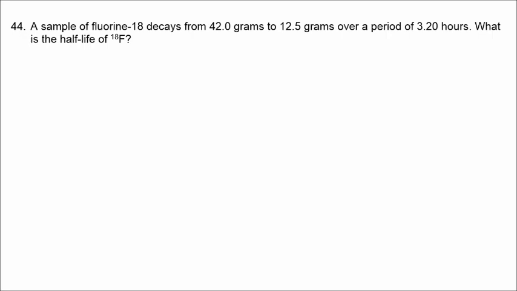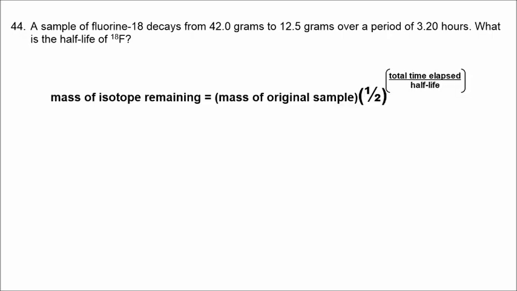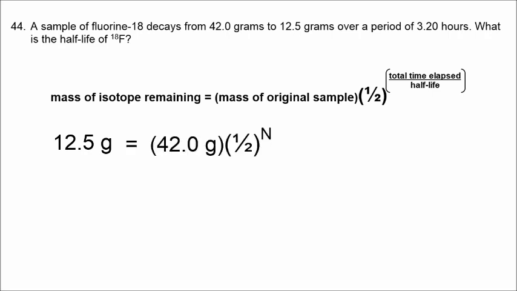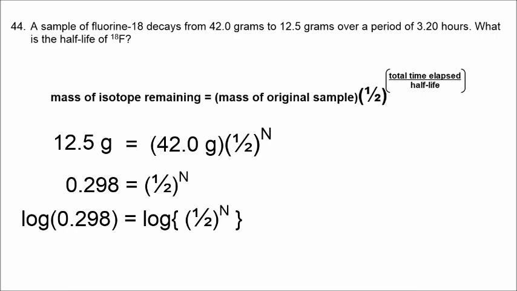In our next half-life problem, we're trying to figure out what the half-life is. We know that we have 12.5 grams at the end. We started with 42 grams. We know that capital N is this ratio of total time divided by half-life. 12.5 divided by 42 is 0.298. Let's again take the log of both sides. Negative 0.526 equals N times the log of 1/2.